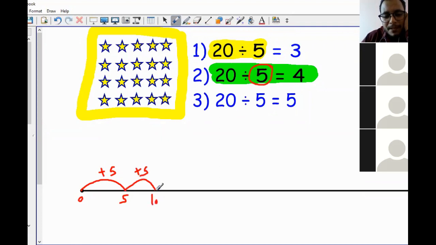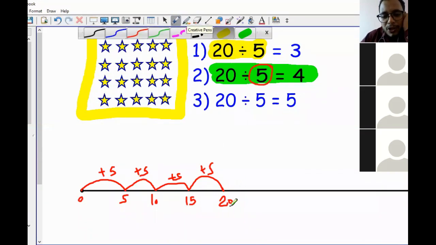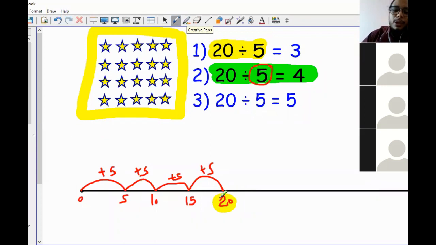Can I make more jumps? Yes. Plus 5 equals 15. Can I make more jumps? Yes. Plus 5 equals 20. So I landed on 20. I should stop now because I landed on 20.